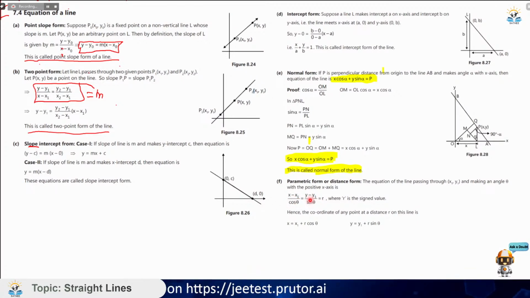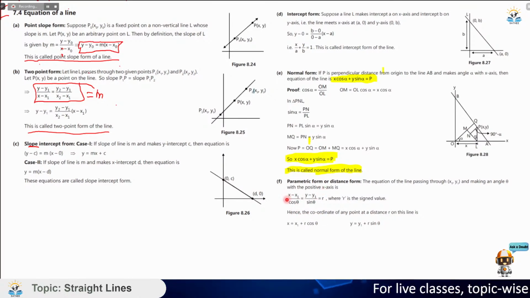So y minus y1 upon x minus x1 will be equal to tan theta, and also sin theta by cos theta is also equal to tan theta. This is the parametric equation. And this is the coordinate of any point at distance r from the point of the line.